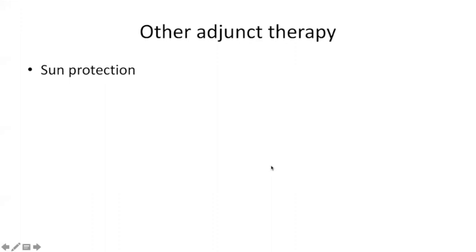So that would mean maybe SPF 30, applied to all sun exposed areas with any significant sun exposure, and reapplication multiple times a day, because the sunblock that you use won't last all day. It usually only lasts for about 90 minutes or a couple of hours at most.